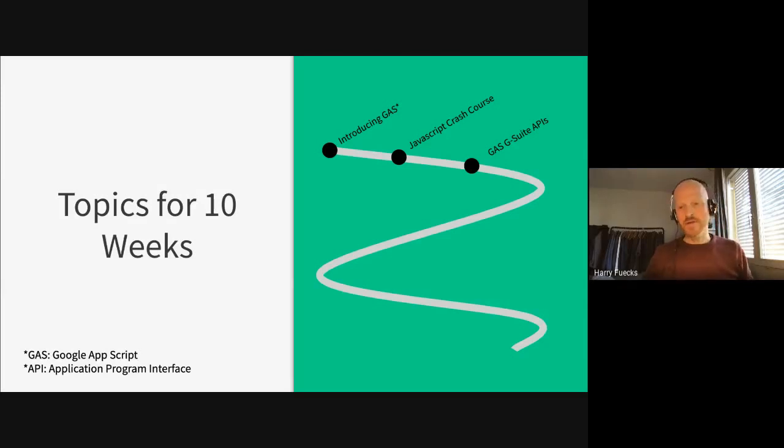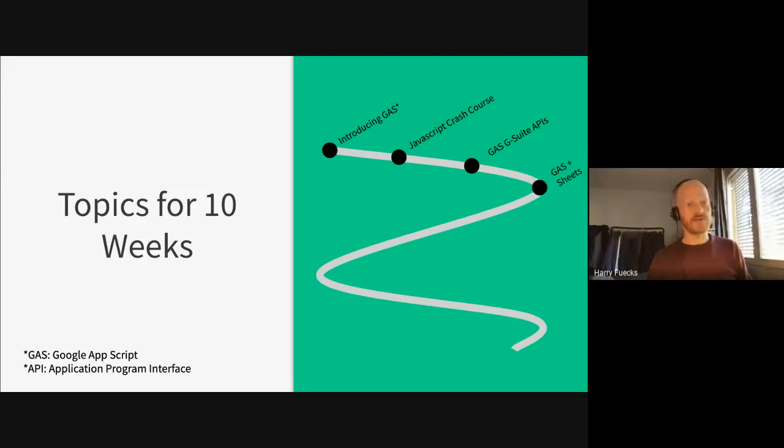Now, the word API, I'll explain more later. Don't let that bother you. In short, it's like the way that you can interact with applications like Google Sheets. So they provide an API, and using Google Apps Script, you can tell Google Sheets to do things for you.